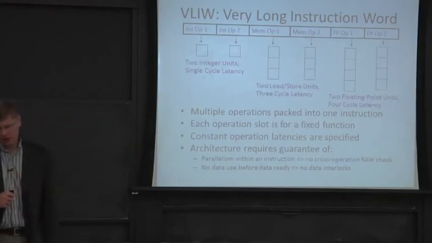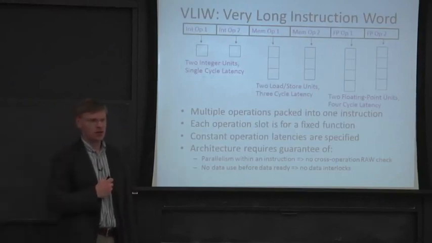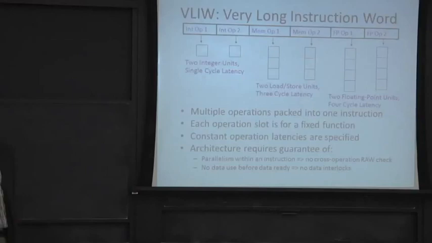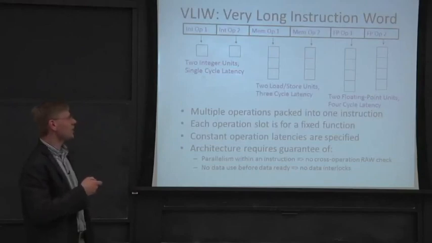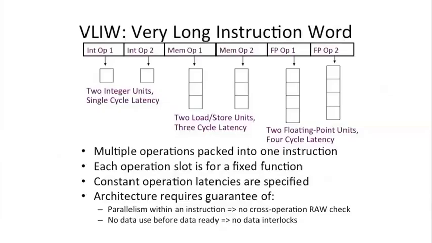In this example here, we have 6 operations that can be executed in this one instruction or one bundle. And typically, there is a fixed format. So let's say you can execute 2 integer operations, 2 memory operations, and 2 floating point operations per cycle, and that's what you're allowed to encode.